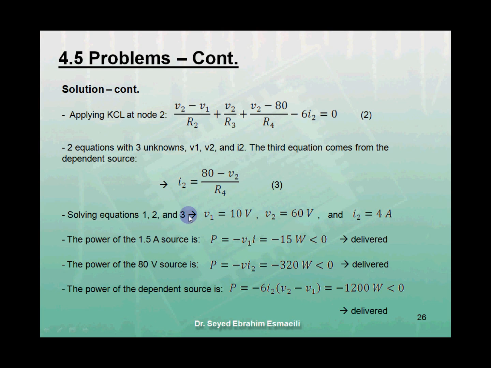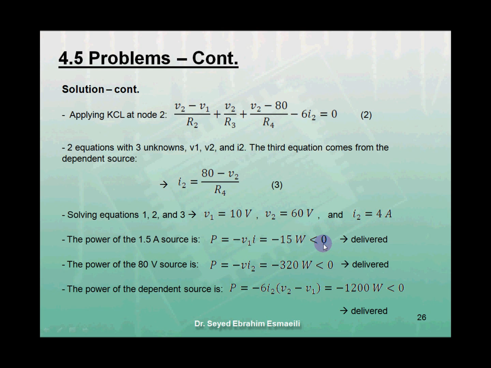Solving these three equations yields V1 equals 10 volts, V2 equals 60 volts, and I2 equals 4 amps. The power of the 1.45 amp source is given by P equals minus V1 I, equals minus 15 watts.